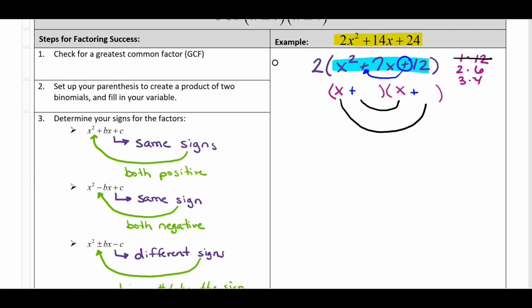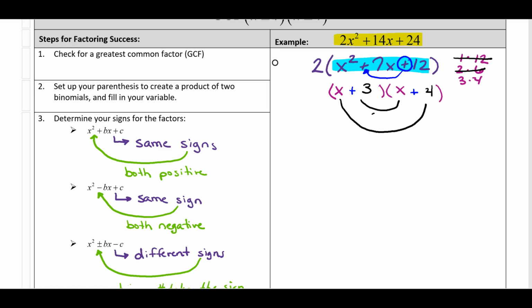So if I was to try 2 and 6, 2 times x is 2x, 6 times x is 6x, and those add up to be 8x. Again, that didn't work because I need a 7x in the middle. So 2 and 6 do not work. So again, erase. I'm going to try my last set of factors, which is 3 and 4.